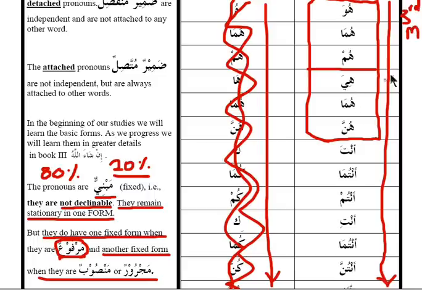The second part are also third person but feminine. So we have huwa is singular, huma dual, and hum plural. Same thing here, singular, huma dual, hunna plural. And because they're marfu', they can be a mubtada or they can be a khabar, either one.